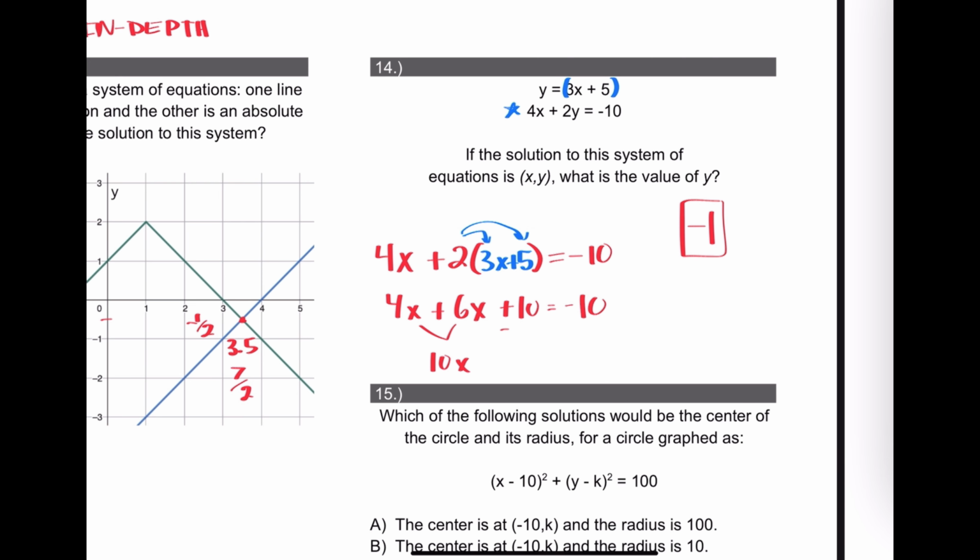Go ahead and get rid of this 10 while we're at it, and that gives us -20. And we know if we divide -20 by 10, we get x equals -2. And then I could plug -2 in for this x up here, which gets us -6 plus 5, which is -1. So whether you use the algebra method or Desmos, you get the same answer. I would suggest using Desmos for the sake of time.